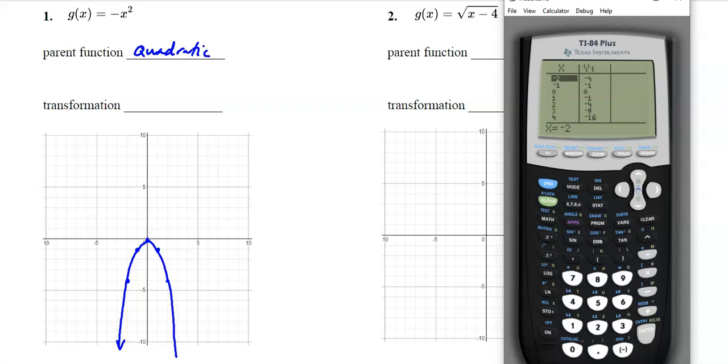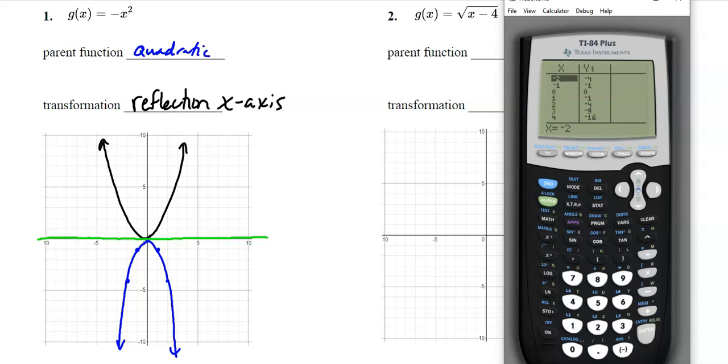The problem is it's facing the opposite direction. The standard one was up here somewhere. This is what the OG, y equals x squared, looks like. So it looks like it flipped down. So I'm going to say that there was definitely a reflection across the x-axis. So the transformation is reflection across the x-axis.